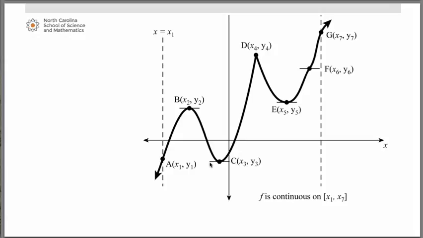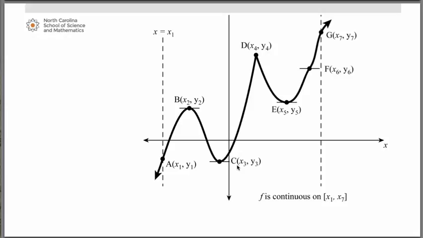We say then that the function f is increasing on the interval from x sub 1 to x sub 2, and decreasing on the interval from x sub 2 to x sub 3. Notice how we use the x values to identify the interval on which the function is increasing or decreasing.